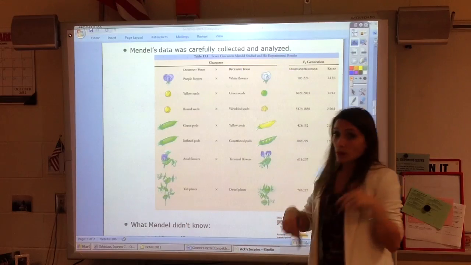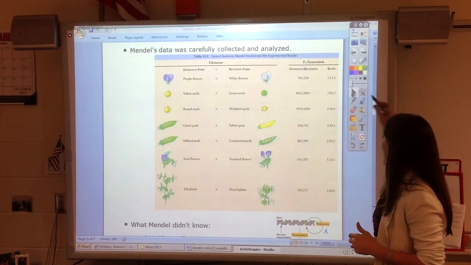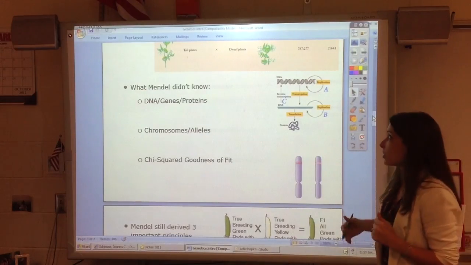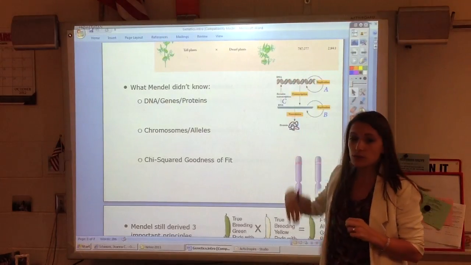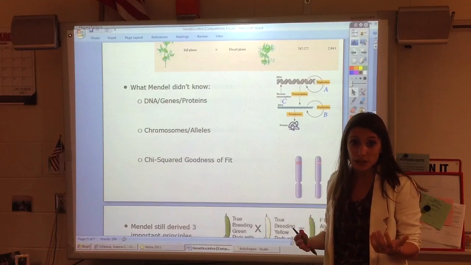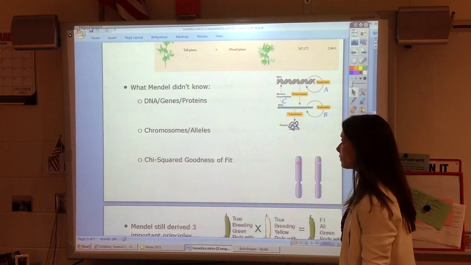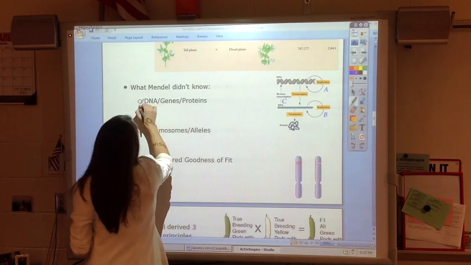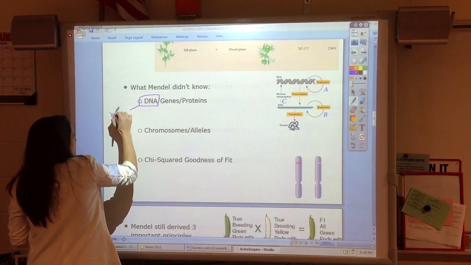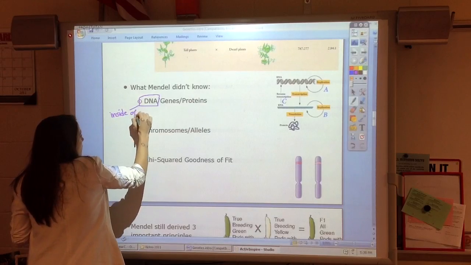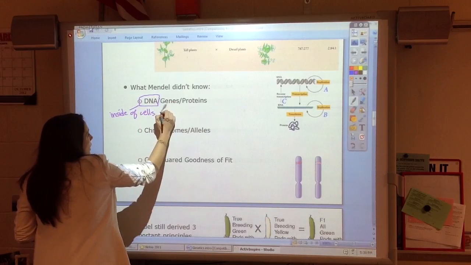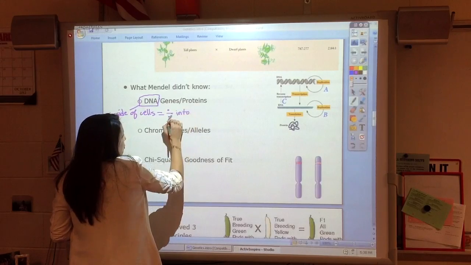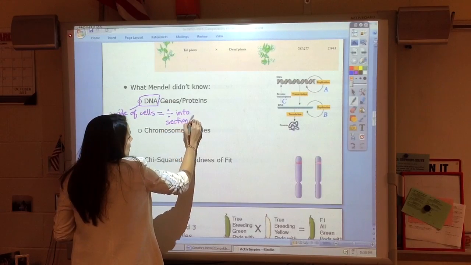So we are able to understand genetics a little better because there's a lot that we know that Mendel didn't know. When he got this data, he was only able to come up with some limited explanations for what he was seeing. What we know is that DNA is inside of cells, and DNA is divided into sections called genes.